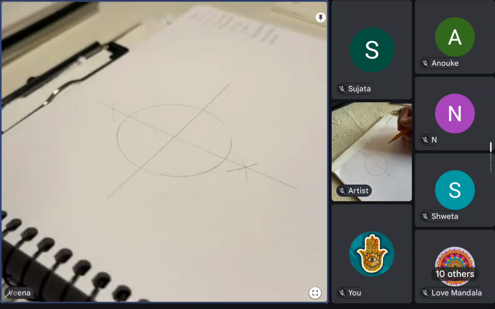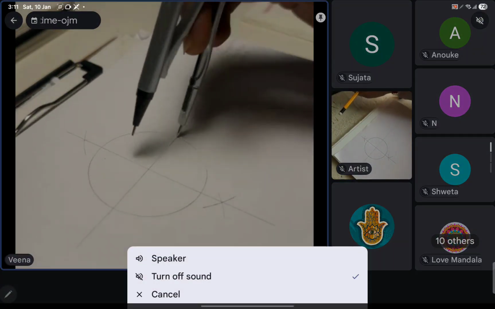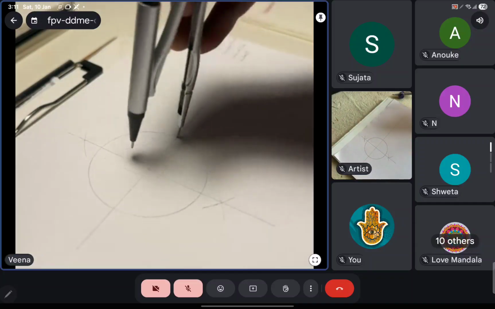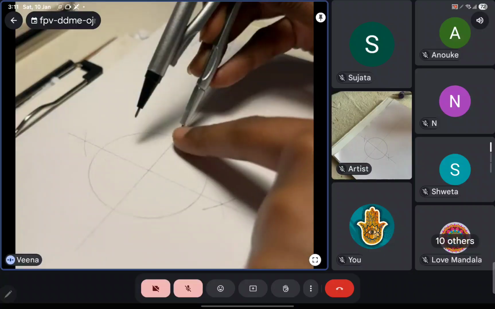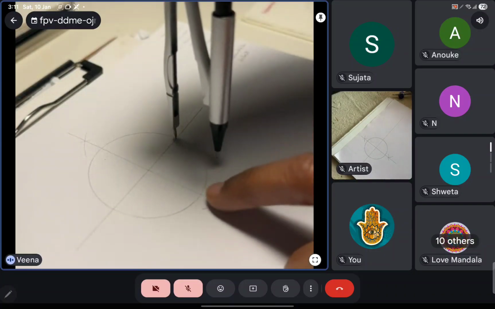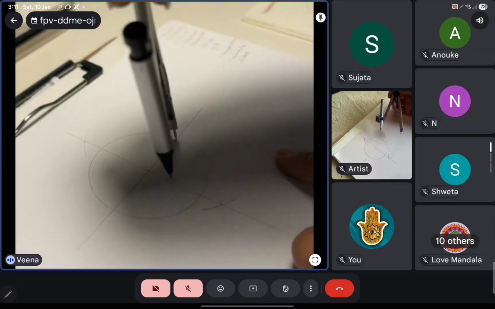Okay. And then taking this 2.5 radii itself and placing the compass here at this intersection, we will draw 4 circles. So one at 4 intersections we will place and we will draw 4 circles.